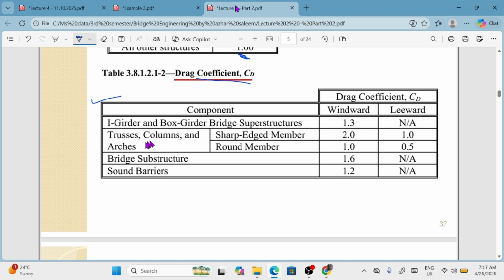For trusses, columns, and arches, the drag coefficient is this, with windward and leeward values. For the bridge structure it is 1.6, and for the sound barrier it's 1.2 windward. We will use I girder superstructure, which is 1.3, and bridge structure, which is 1.6. We will use these two.